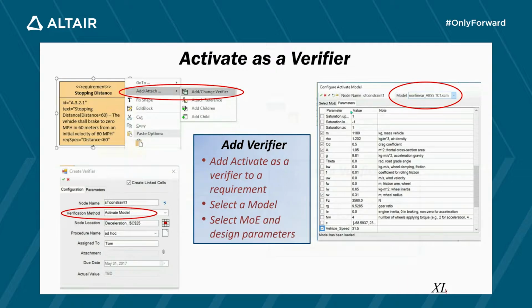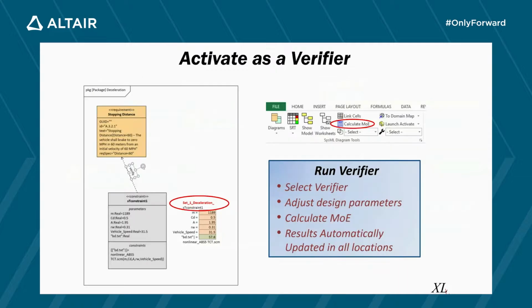The next step is that the constraint block, or node, is drawn, and the parameters I selected and the MOE are put into cells. And if I want to run this simulation directly from the diagram, I can adjust the parameters, the mass, the drag coefficient, the wheel radius, and so on.